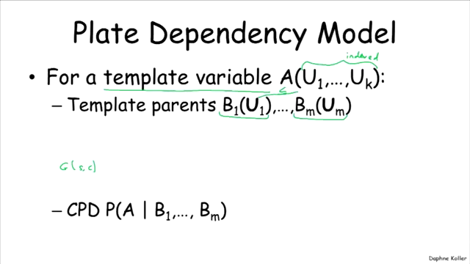And we have 2 template parents: I of S and D of C. And the stipulation that U_i, this is the set U_i, is a subset of the indices U1 up to Uk, tells us, for example, that we cannot have an index in the parent that doesn't appear in the child.